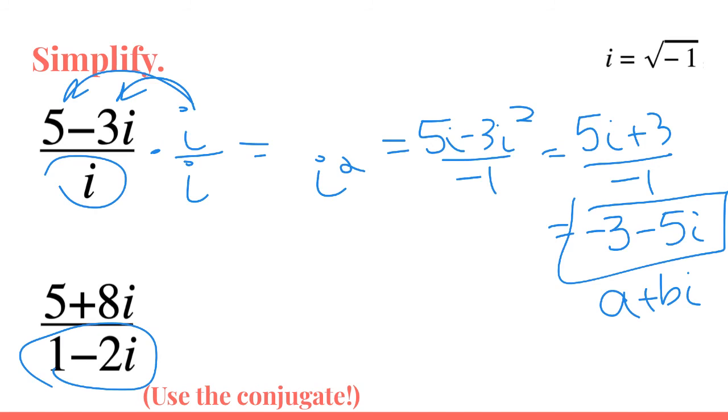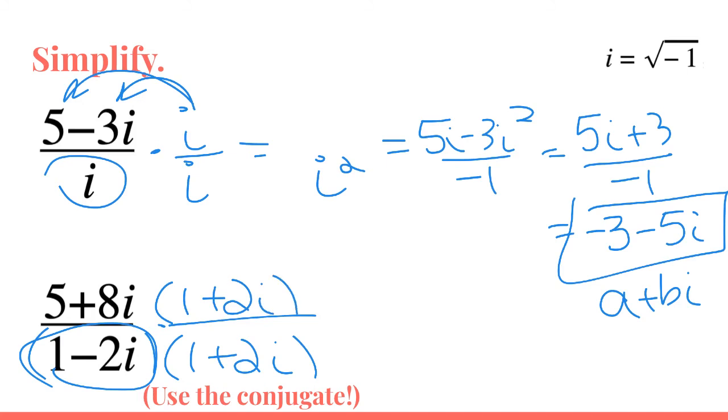Now, on this last question here, we are going to multiply by the conjugate, just like we did the last section. 1 plus 2i over itself. So on the bottom, I get 1 minus 4i squared, which of course is 1 plus 4, which is 5. I know I did that fast, but I replace the i squared with negative 1. So you get 1 plus 4, which is 5.